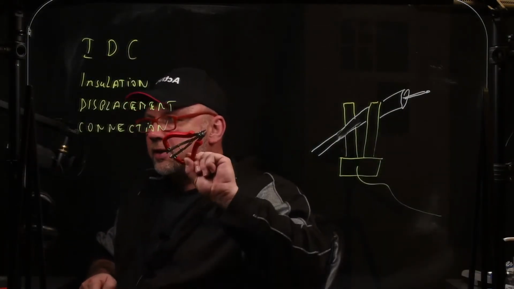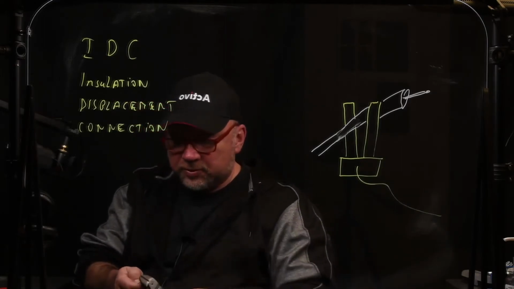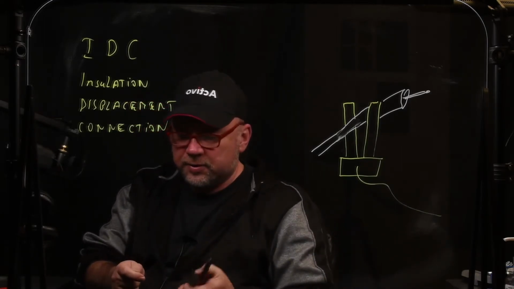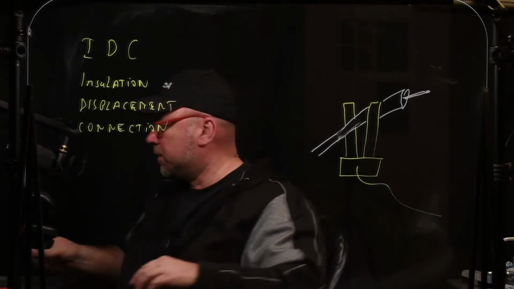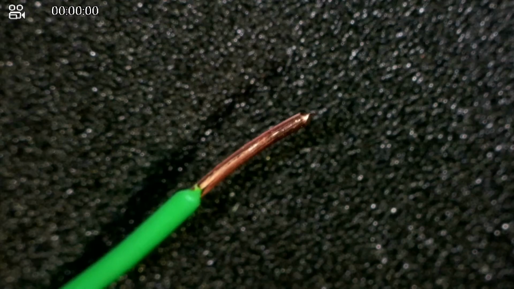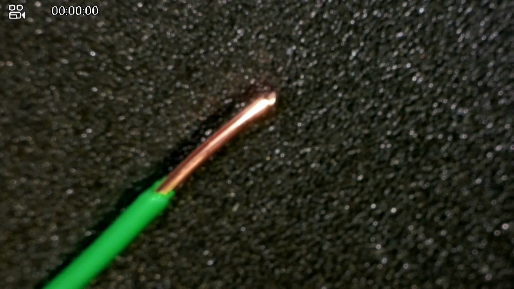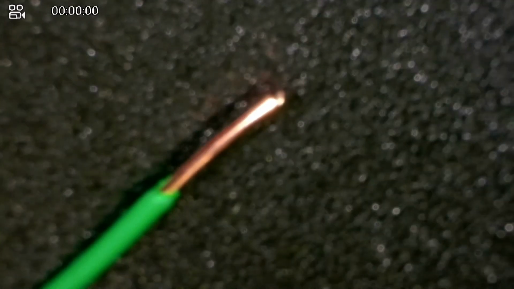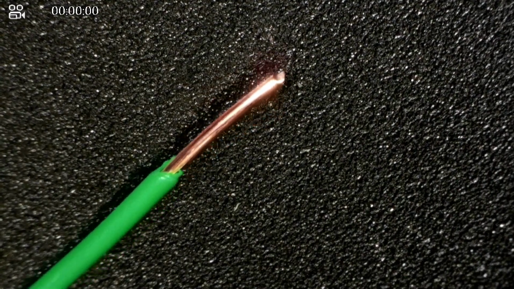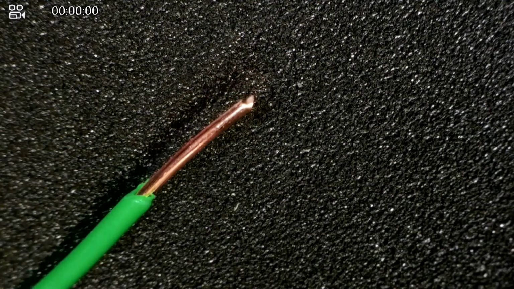These side cutters, these strippers, I thought I was going to use the strippers. Some of them work better than others. Okay. So here we have insulation and a wire that's inside the insulation. Copper wire, bare copper wire. Right?